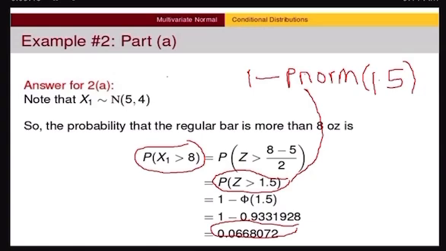For the probability of a z-score greater than, it's 1 minus pnorm. For less than, it's just pnorm. And that's how that is settled.